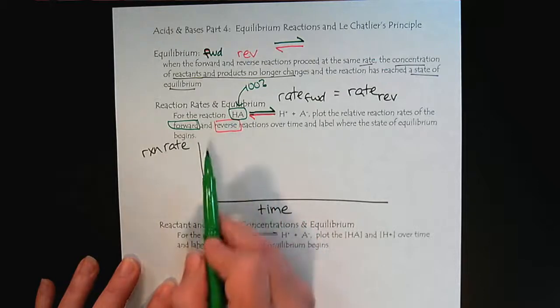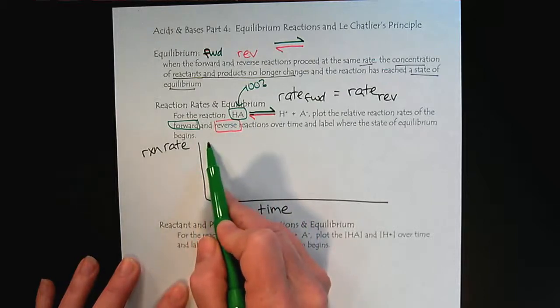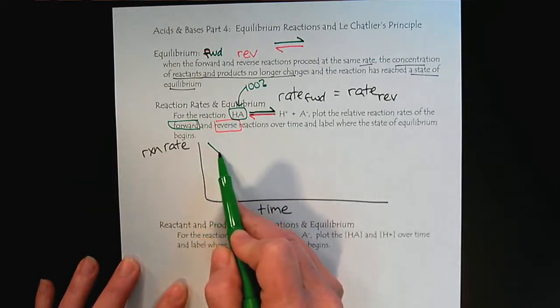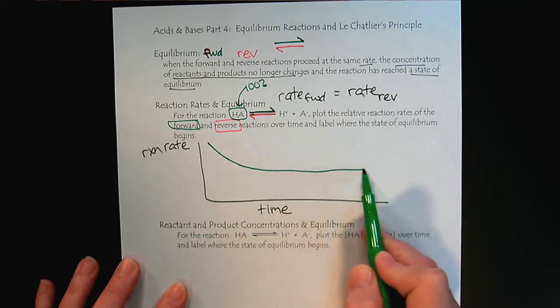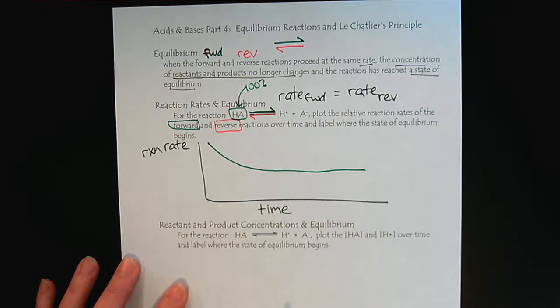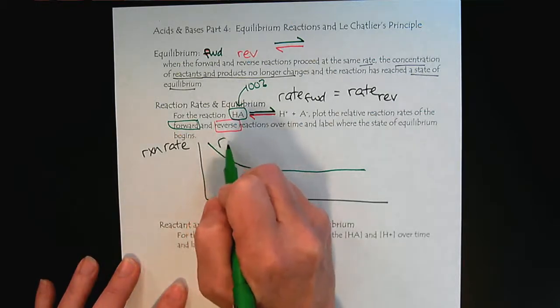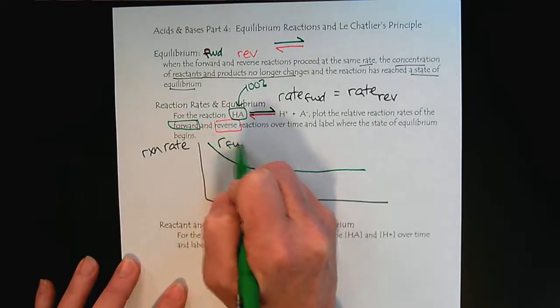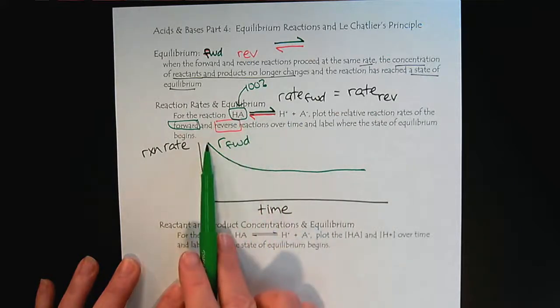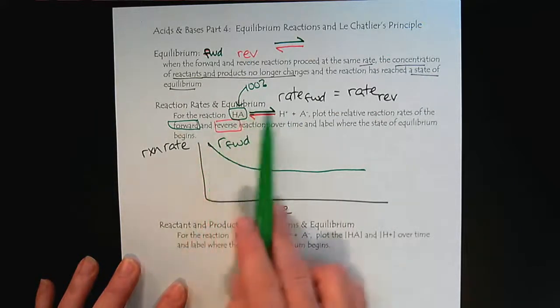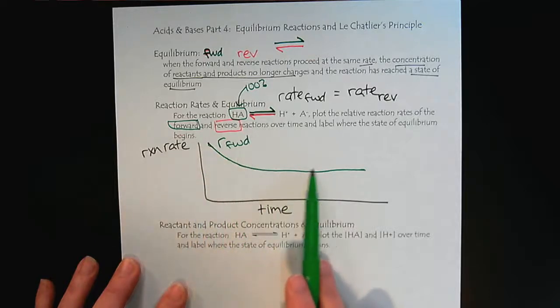It's at a high concentration, so the rate starts very fast, but then as the reaction proceeds, the rate slows down. So this is the rate forward. We have a high concentration of our reactant, so the rate is fast, and then as the reaction proceeds, the rate slows down.